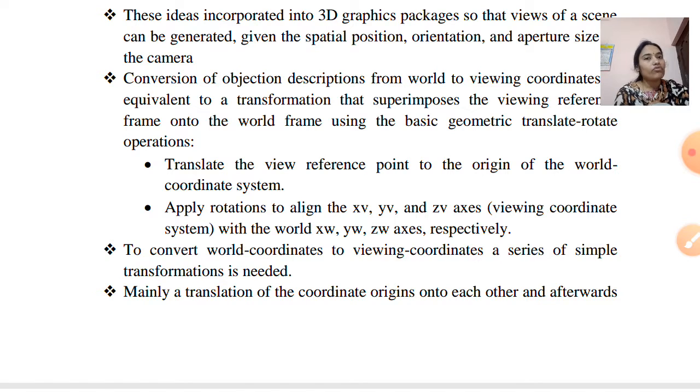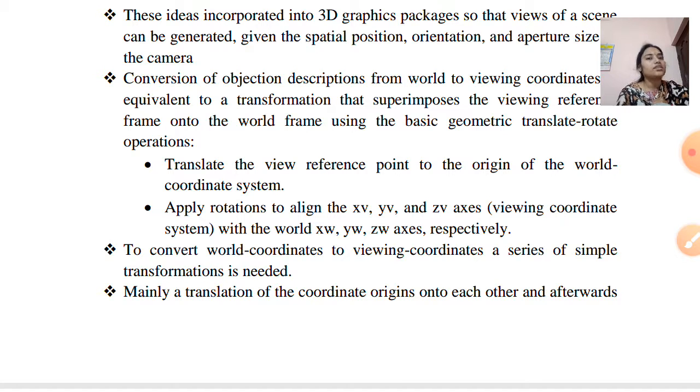To convert world coordinate to viewing coordinate, a series of simple transformations is needed. First we translate, then we rotate about the x axis, then the y axis, then the z axis. All these four steps are included in this conversion.